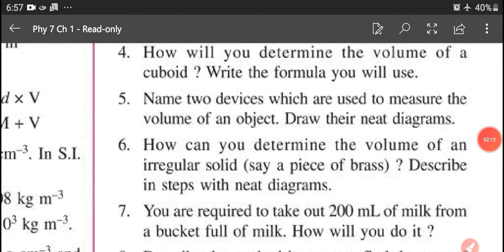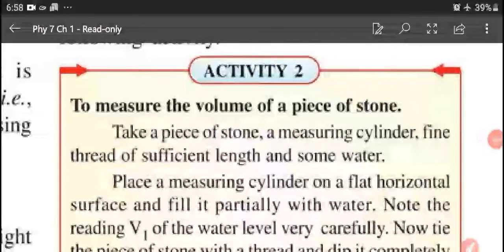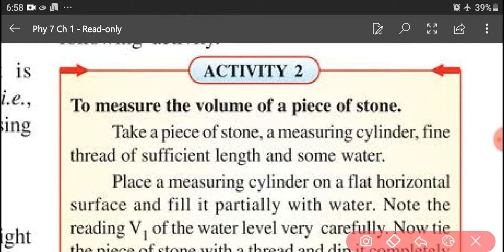Now our sixth question is, how can you determine the volume of an irregular solid? Describe in steps with neat diagrams. Please take out page 5, Activity 2. Please mark.